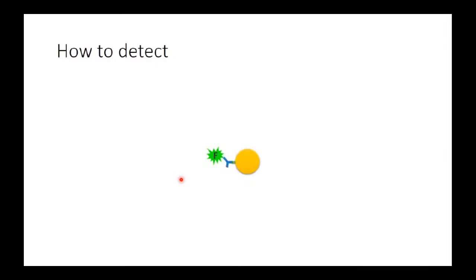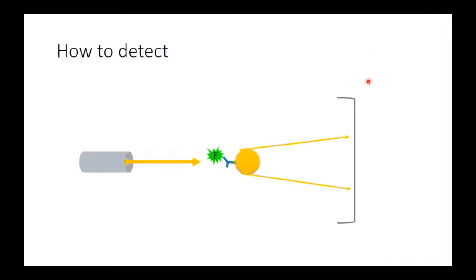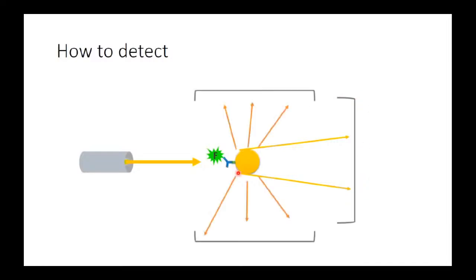Now when the cell passes through the laser beam, first of all, this is the forward scatter, which is detected by the forward scatter detector. The side scatter is detected by the side scatter detectors.